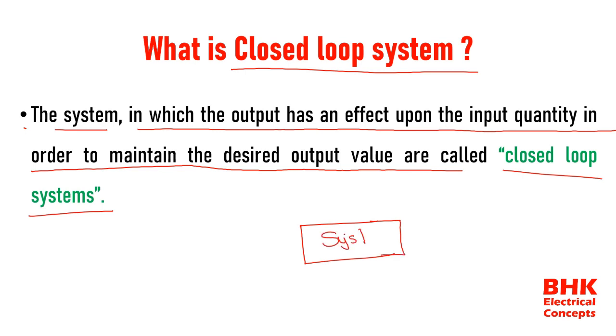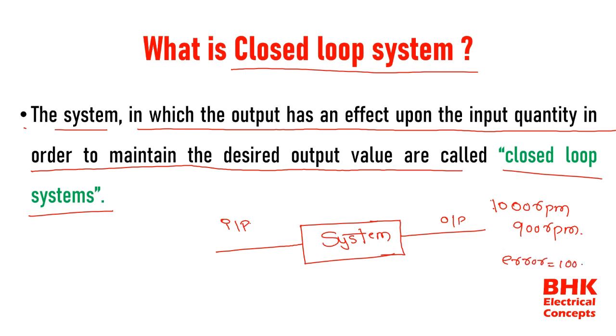For example, this is a system with an output and an input. We are expecting 1000 rpm here, but instead of 1000 rpm we are getting only 900 rpm, and the error is 100 rpm.